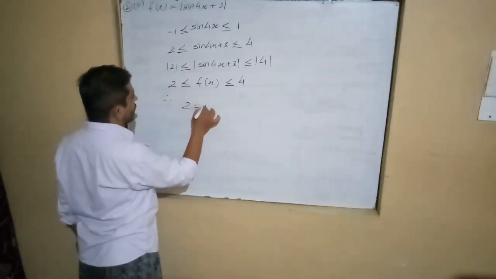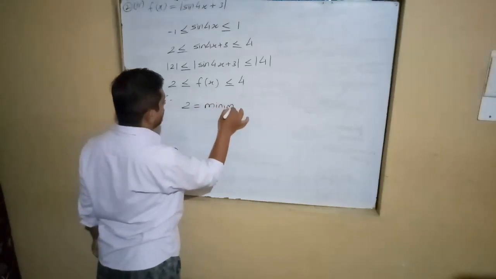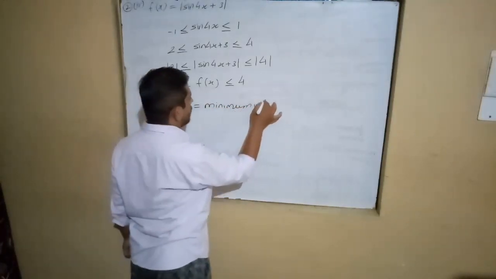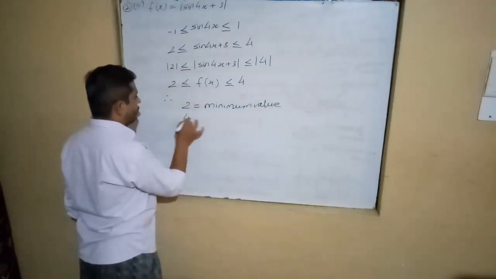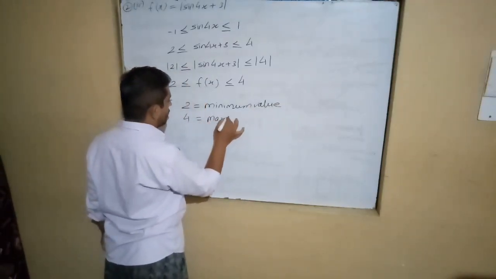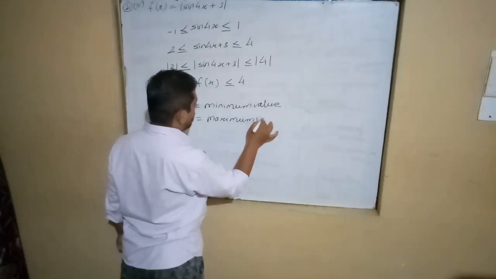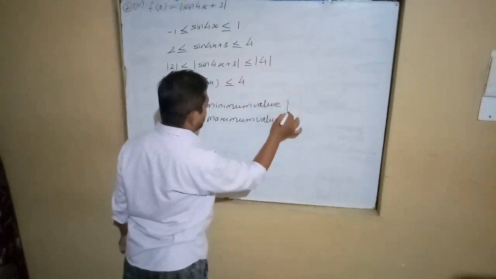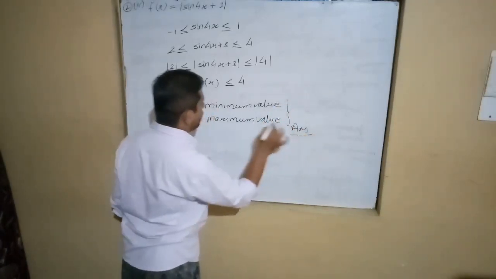Therefore 2 is the minimum value and 4 is the maximum value. This is our answer.